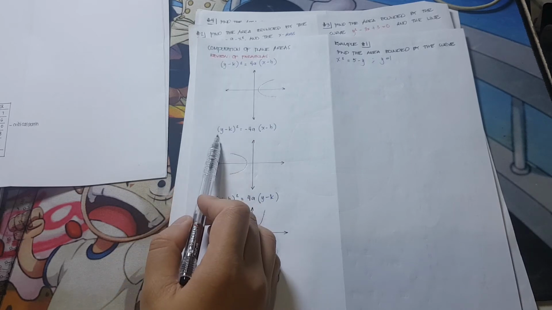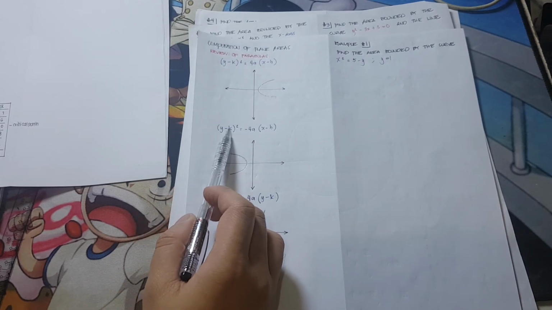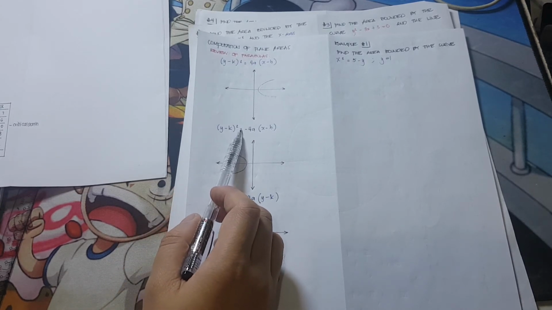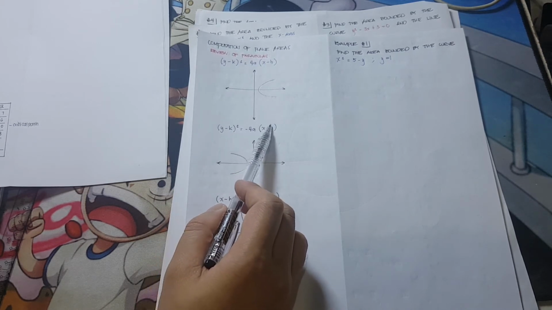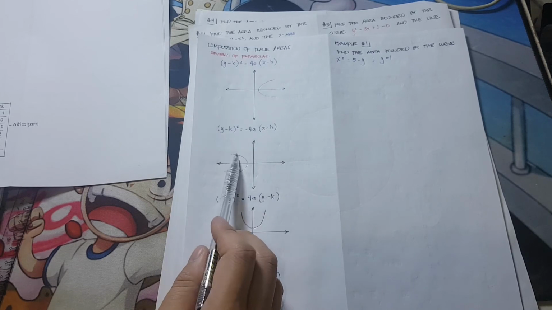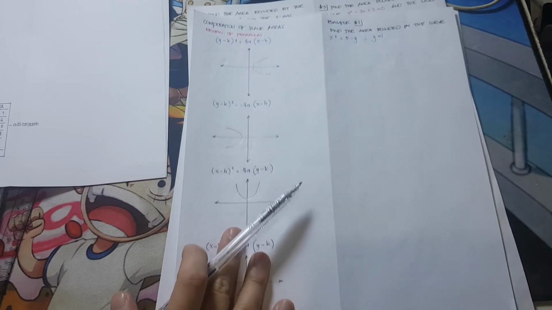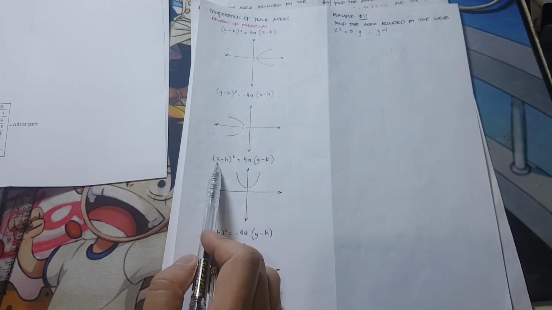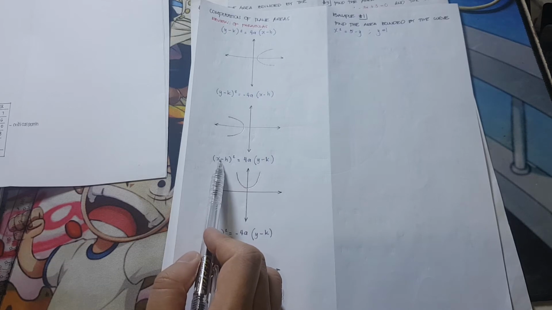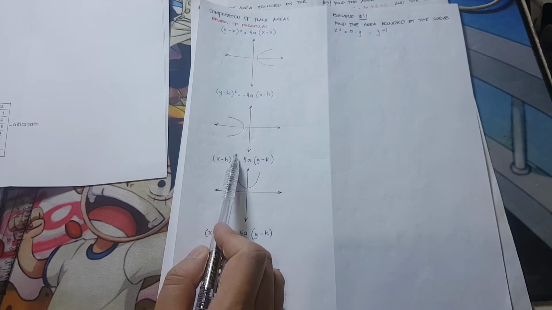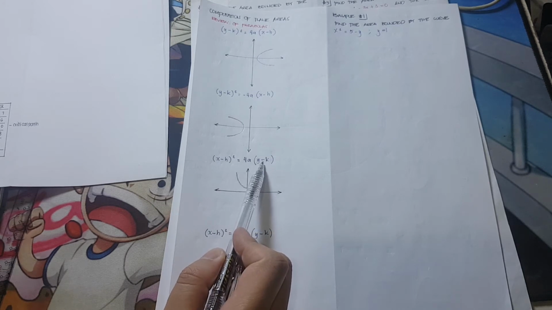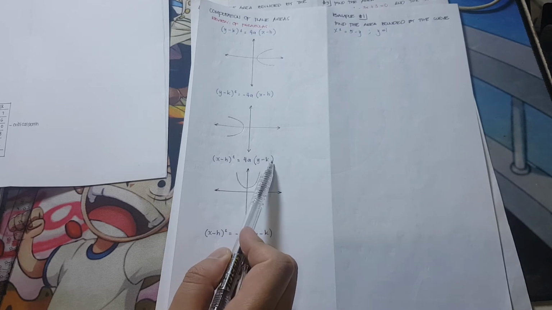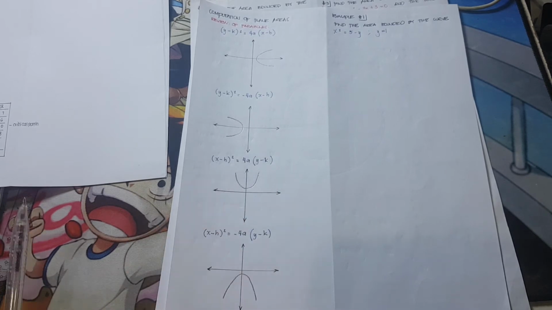If you have y minus k, quantity squared, equivalent to negative 4a times quantity x minus h, then it is concave to the left. If you have x minus h, quantity squared, equivalent to 4a times quantity y minus k, then it is concave upwards.